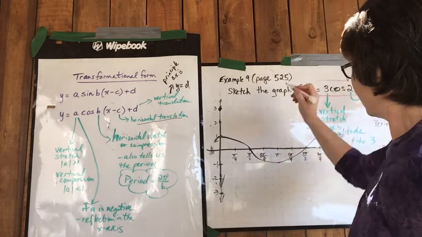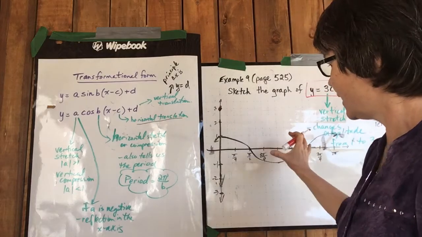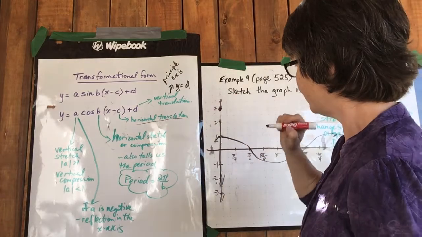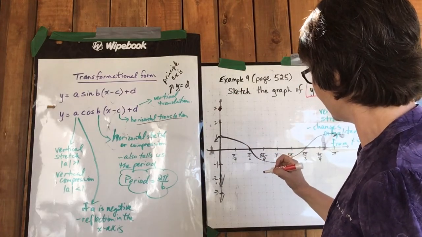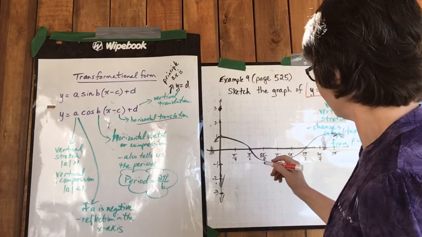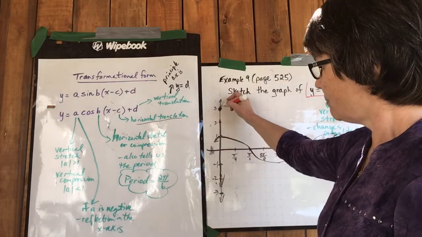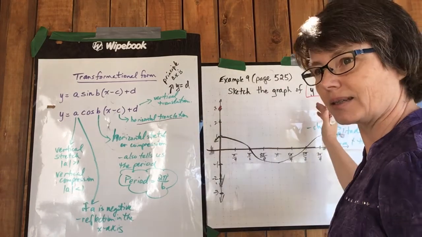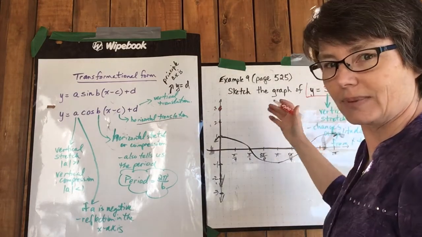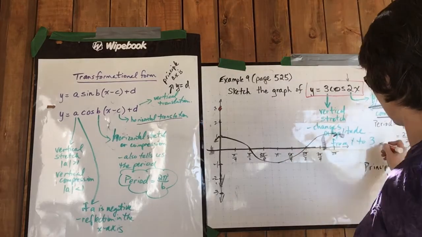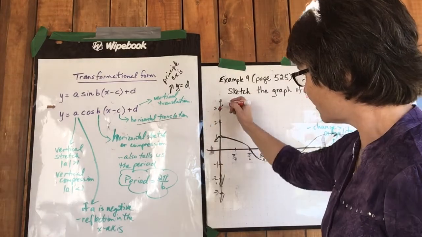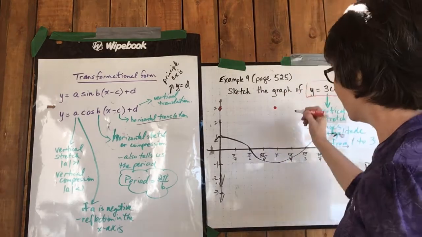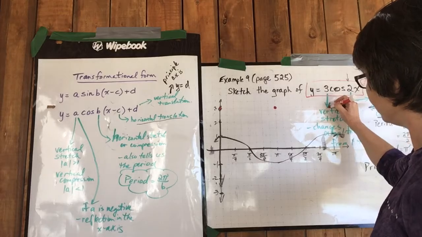I'll put it in red so we know it's the red graph. We can compare all of these major points to the points we need on here. So 3 is the maximum, -3 is the minimum. Because it's at this maximum, it's going to go through this maximum again the next time it starts repeating itself. Since we know the period is pi, from 0 to pi we know it's going to go through a maximum again, and then another maximum at 2 pi.